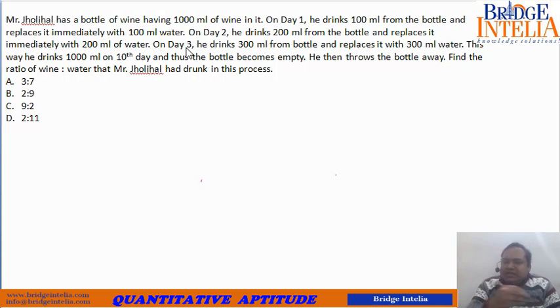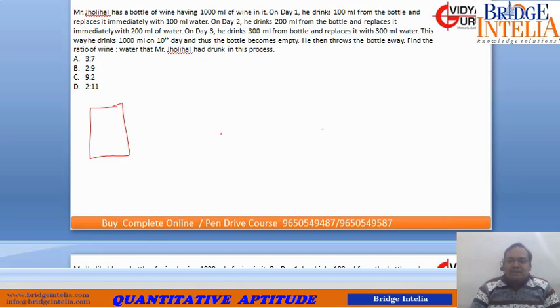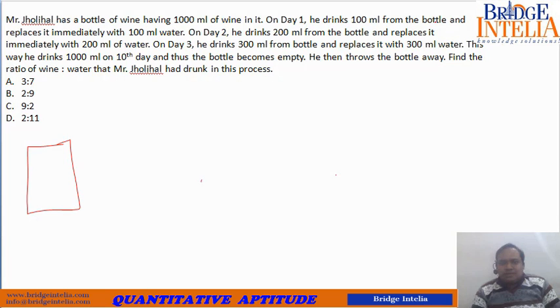So understand what is being conveyed in this question. A person had a bottle which was filled with 1000 milliliters of wine. So originally the entire bottle was filled with wine, 1000 milliliters of wine.